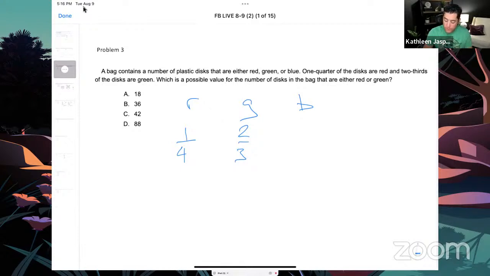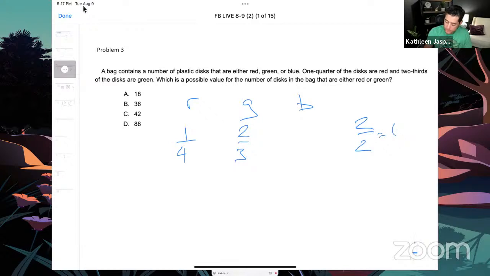Because I have 1/4 and 2/3, I need to get the whole bag. The whole bag is going to be 100%, right? And in terms of fractions, 100% would be the same number over itself. For example, 2/2 is equal to 1.